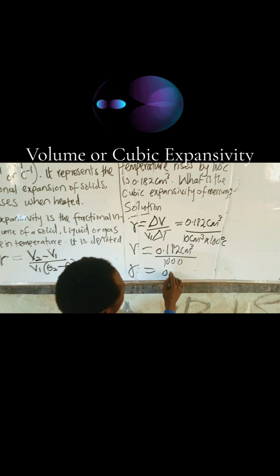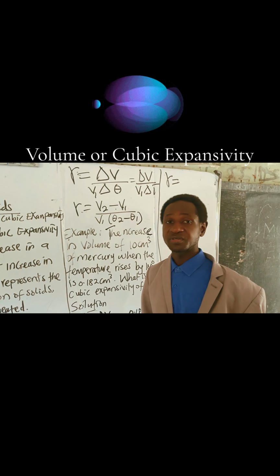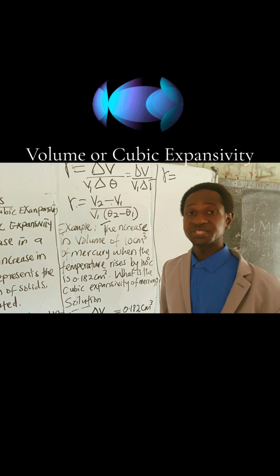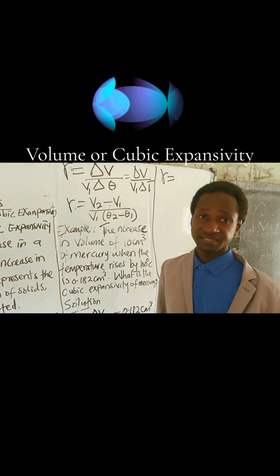Now it is in decimal form; I can leave it this way, or I can convert it to standard form, because decimal can be converted to standard and standard can be converted to decimal.